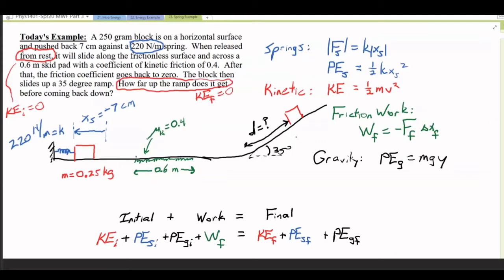It's not going to be stopped for any extended period of time, just for an instant. So we don't have to worry about KE. Let's do the spring. EE spring initial is equal to 1/2 k x spring initial squared.